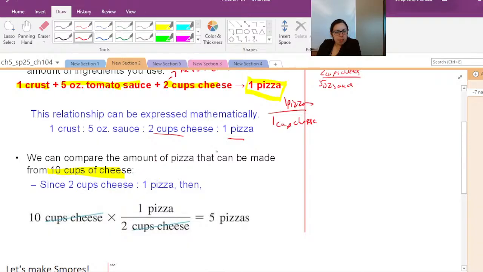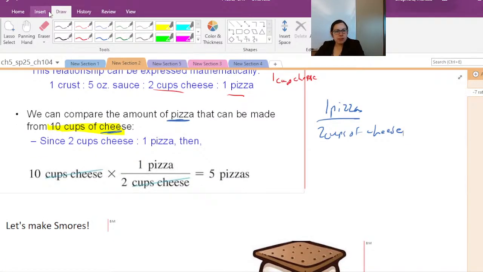So they set up our conversion factor essentially. So we're comparing pizza to cheese. So then we go back to our equation, right? So we can write our ratio. Well, for 1 pizza, we need 2 cups of cheese. Then they set up their dimensional analysis.